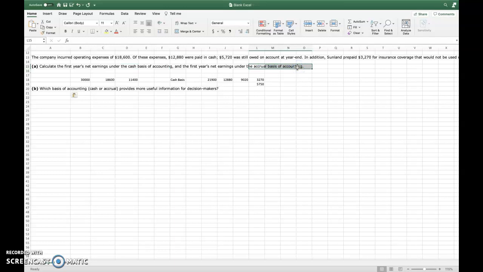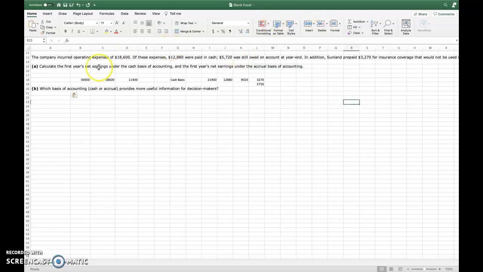Accrual basis of accounting is one in which companies record, in the periods in which the events occur, transactions that change a company's financial statements even if cash was not exchanged. And that's going to be the key phrase: even if cash was not exchanged.